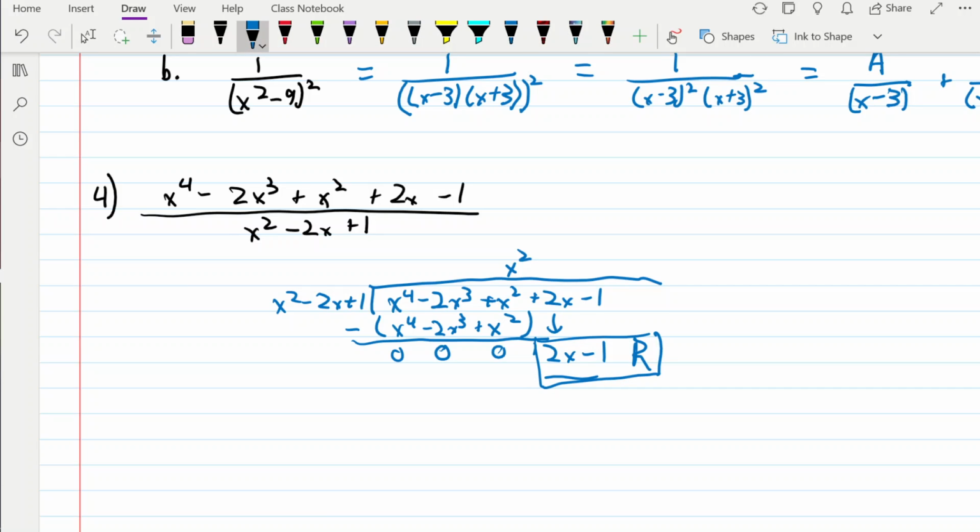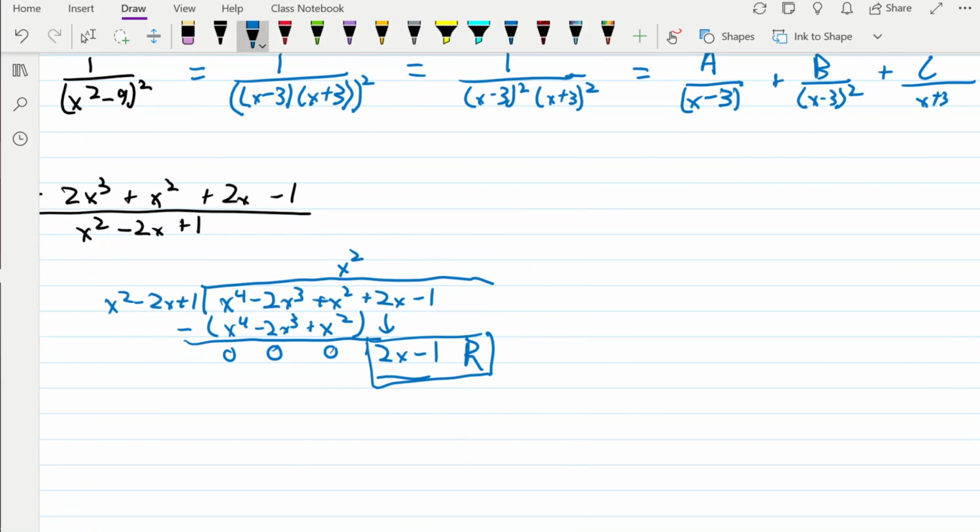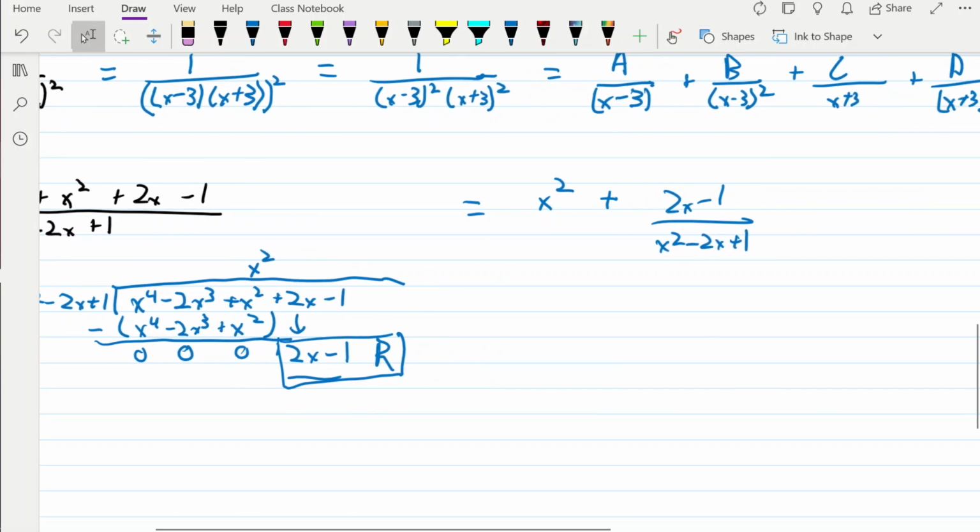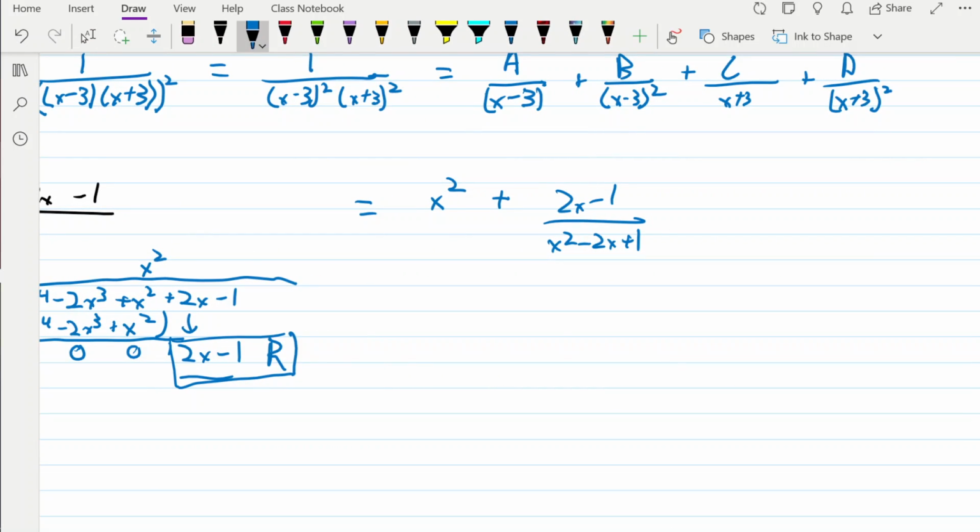Alright, so now we can rewrite our fraction as x squared plus 2x minus 1 over x squared minus 2x plus 1. And then we can factor the bottom out. So we get 2x minus 1 over x minus 1 times x minus 1. So just x minus 1 squared.